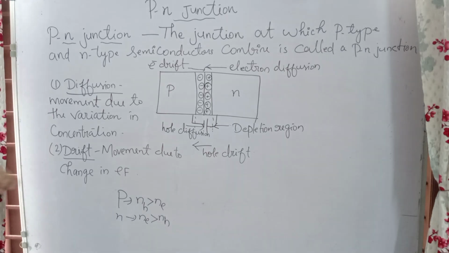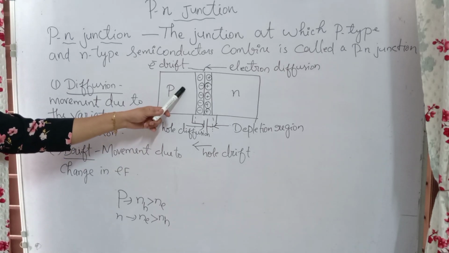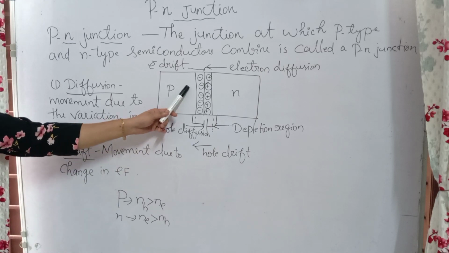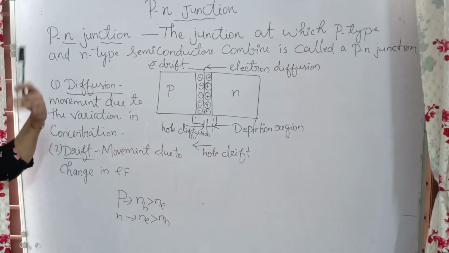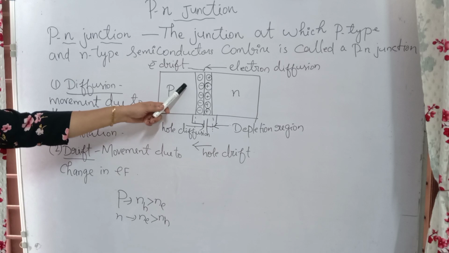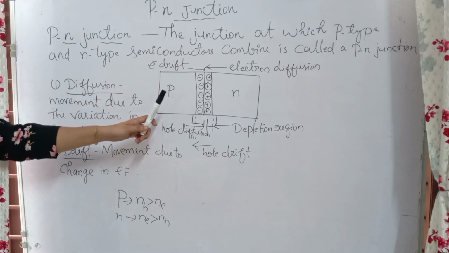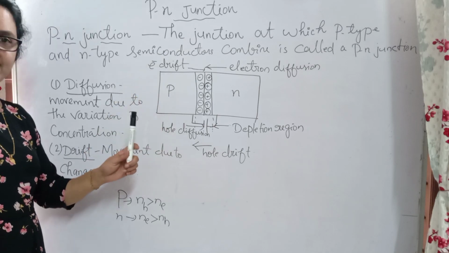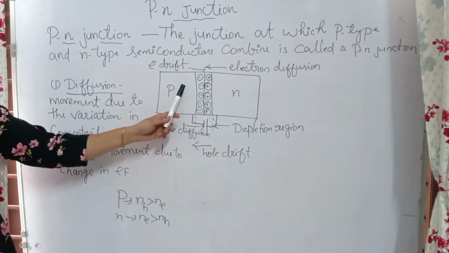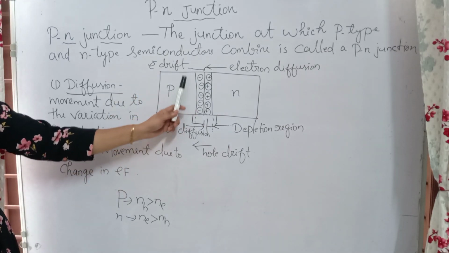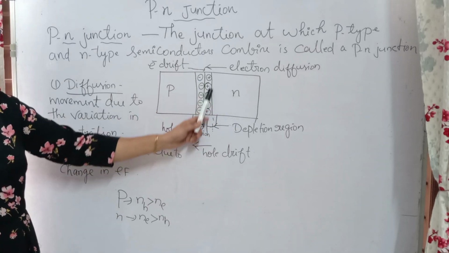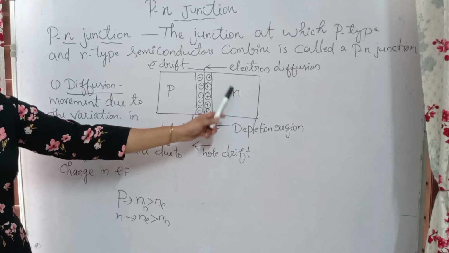In the case of boron, there will be a deficiency of electrons, right? So that will accept one electron, as we have already discussed in the last class. That means holes will be created here, right? So this will be becoming negative, and these positive charges will be moving to the n side. So that is forming a layer here in this region.